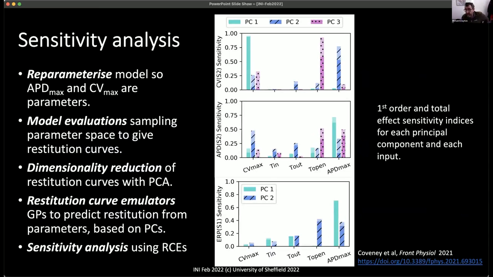It turned out that when we looked at the model, and particularly its dynamic behavior, we could describe it with three principal components, which account for virtually 100% of the variance. And then we could look at the sensitivity of these different principal components to the reparameterized parameters, if that makes sense.